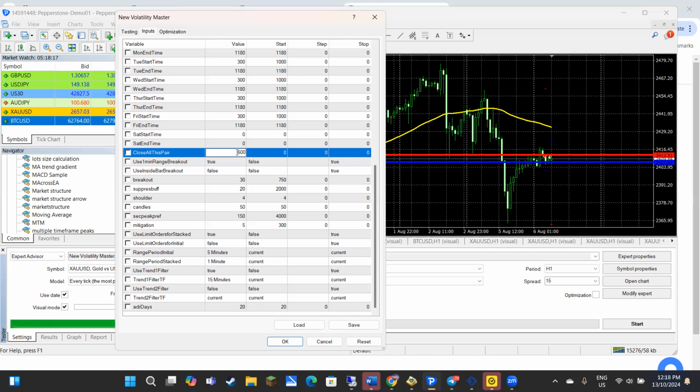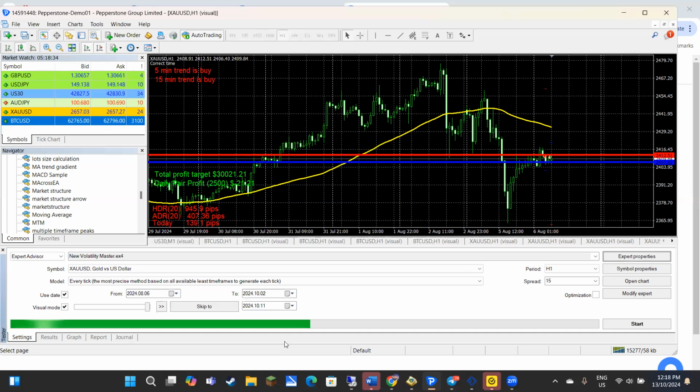The other time that I will be looking at using this setting is to exit any trades prior to the end of trading every day. Let me bring up a chart and explain this to you.